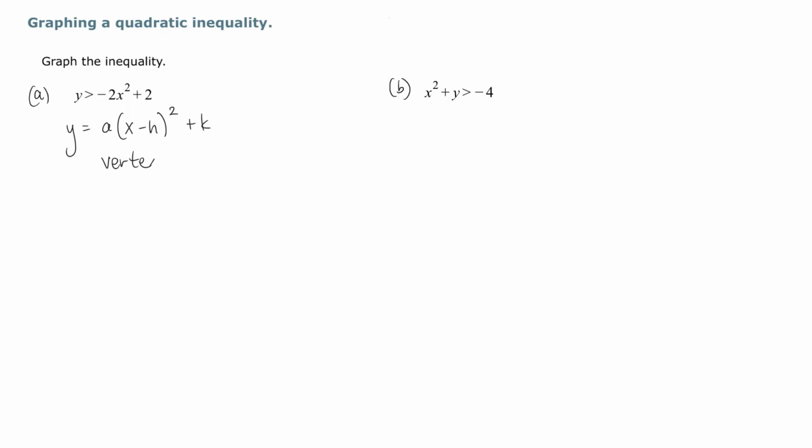The vertex is actually h, k. So why don't we take this and put an equal sign for now. That way we know we're going to graph a parabola. It's actually going to be a dotted parabola.